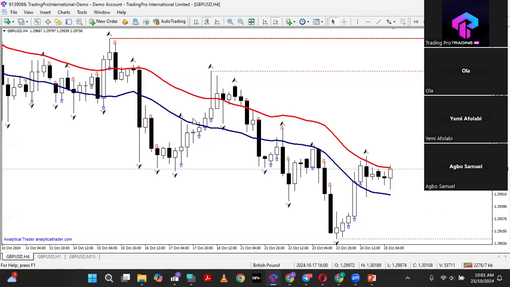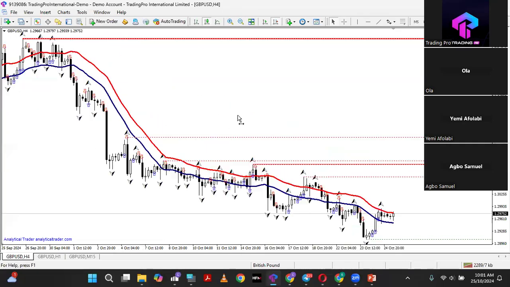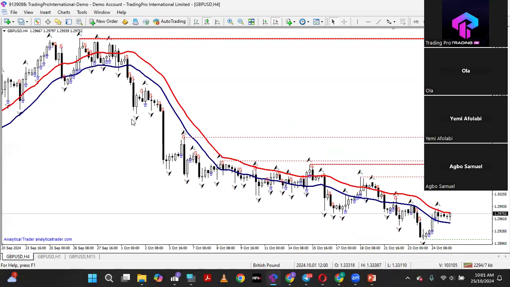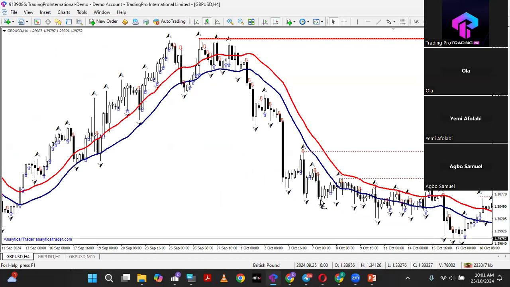So if the 4 hour now is pointing down, how do you know the 4 hour is pointing down? Apart from using the moving average, there are what they call swing lows. I explained swing lows. Swing lows are price levels where price makes a low and moves in the opposite direction. It makes a high and moves in the opposite direction. So once price is making new lows consistently and is not making new highs, what do I mean?